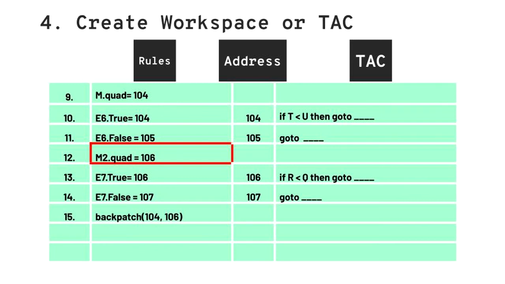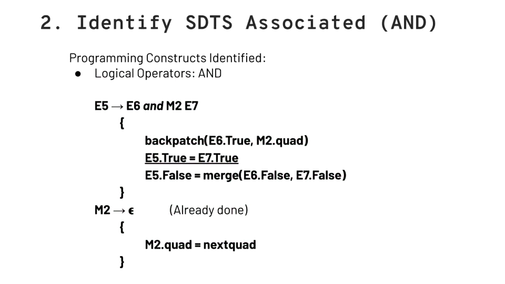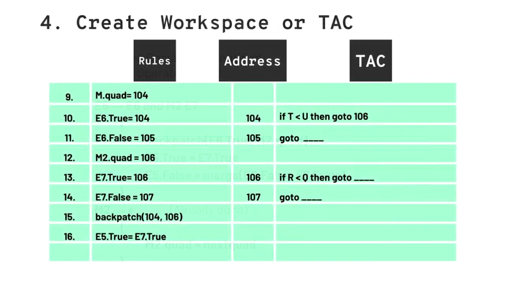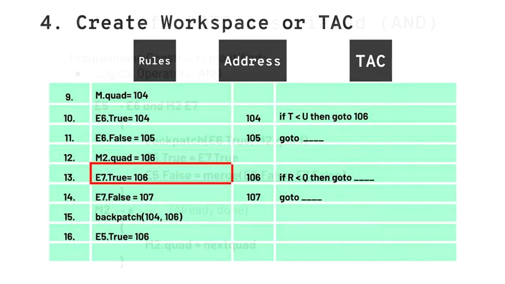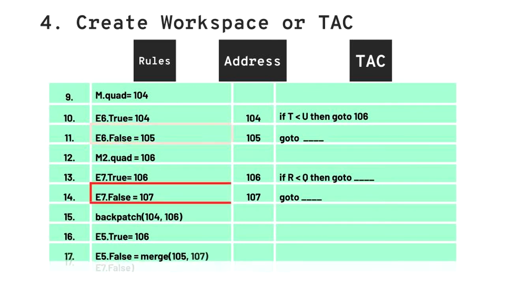So we go back to the line with address 104 and write 106 in the empty space. The next condition is E5.true equals to E7.true. E7.true is 106. For next line, E6.false is 105 and E7.false is 107. The merge function will give control to the addresses mentioned as parameters after the condition of E5 fails.